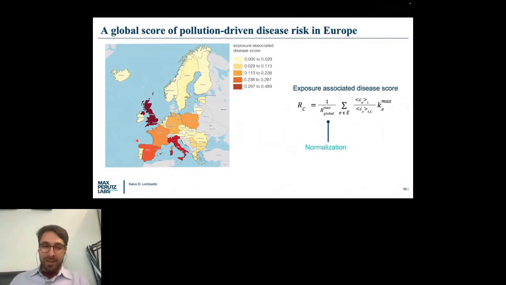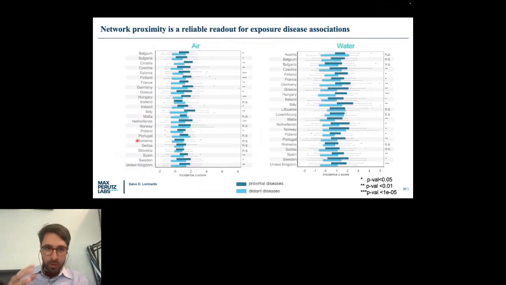Then I think we can just discuss this map, right? This Europe map. Because here we said how we could relate the molecular profile of diseases that were close to environmental exposures in air and water for each country.